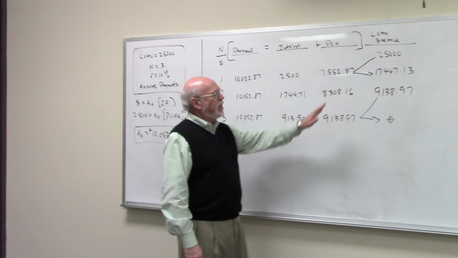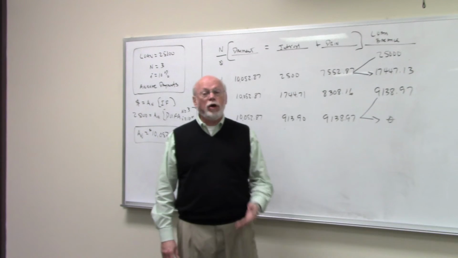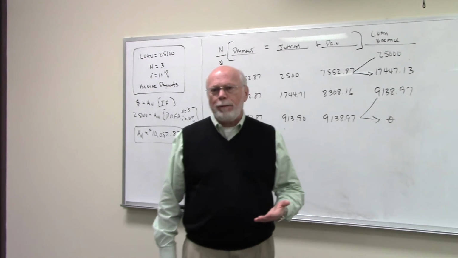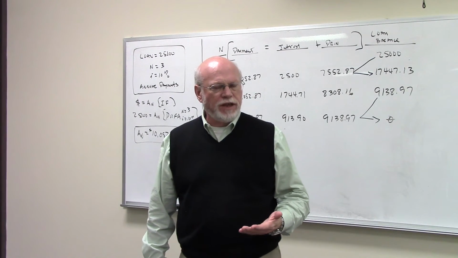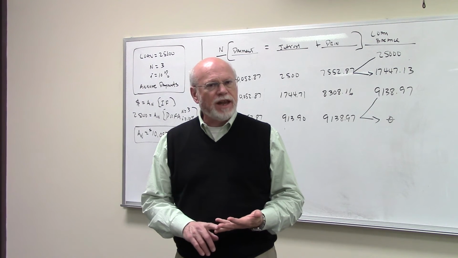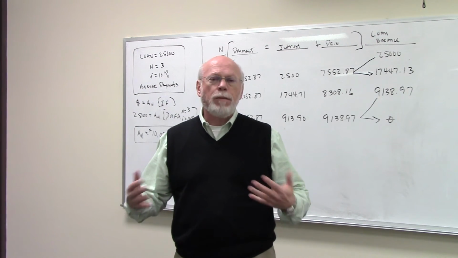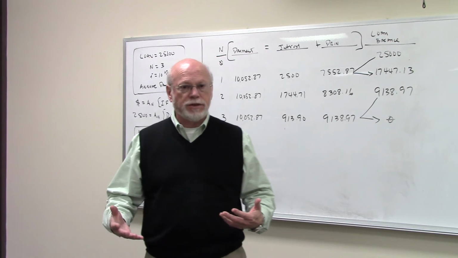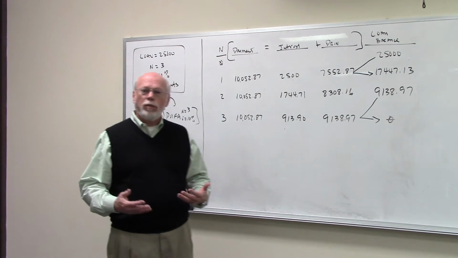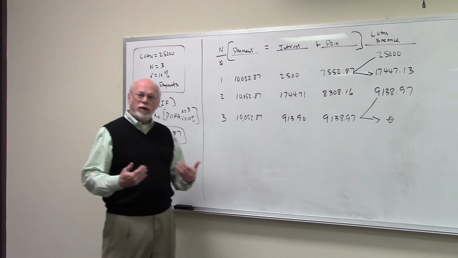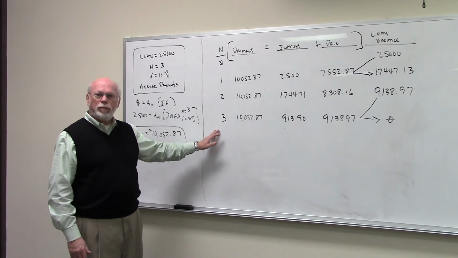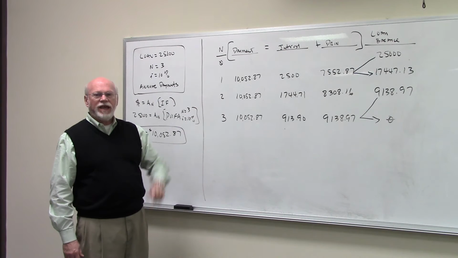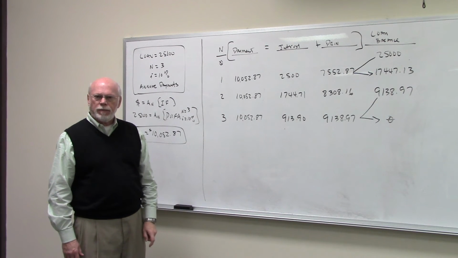The other thing we need to keep track of is what's called the loan balance. A bank can charge us all kinds of fees, origination fees, late fees, whatever. But the only thing they can charge us interest on is the loan balance. In this case, the loan balance at time period 0, when we get the loan, is simply how much we borrowed from the bank, which is $25,000.